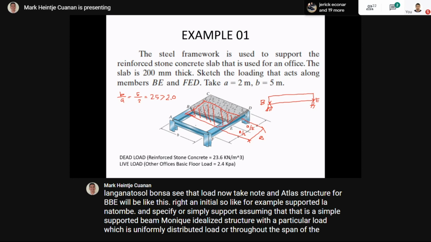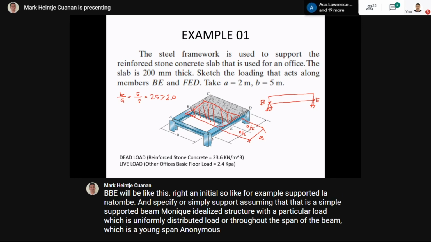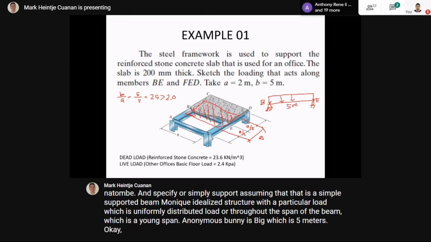The span of beam BE is B, which is 5 meters. Okay? So the magnitude of our load acting on beam BE will be dead load plus live load. Right?